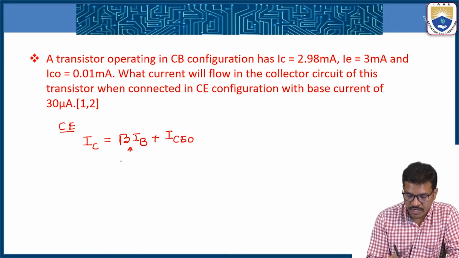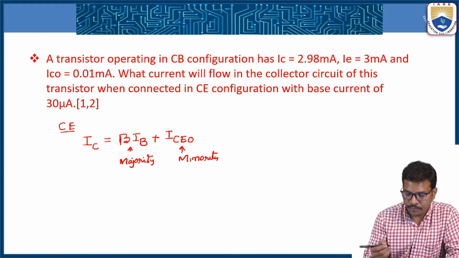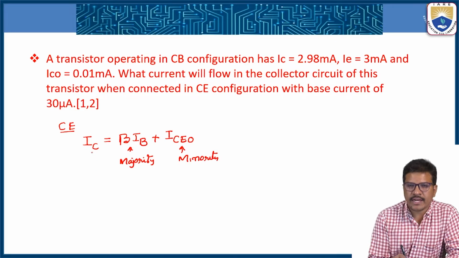This is called majority current, and this is called minority current. This is the total collector current, the current reaching the collector IC.